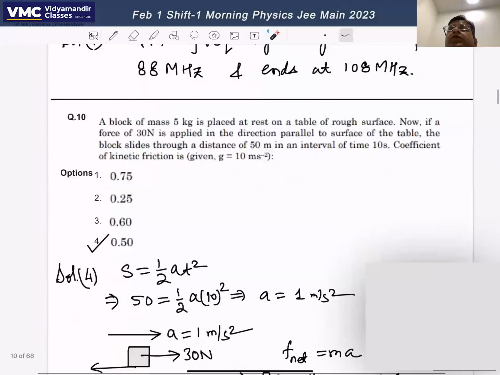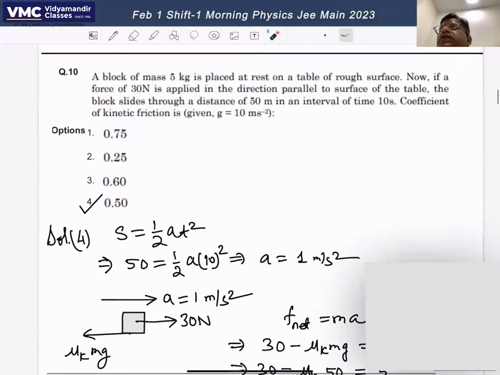Question number 10. A block of mass 5 kg is placed at rest on a table of rough surface. Now, if a force of 30 Newton is applied in the direction parallel to the surface of the table, the block slides through a distance of 50 meters in 10 seconds. Coefficient of kinetic friction is to be found, g equals 10 meter per second square.